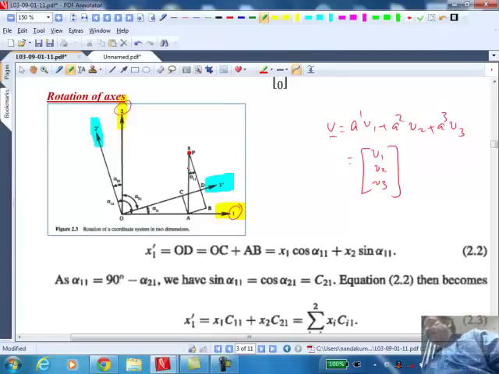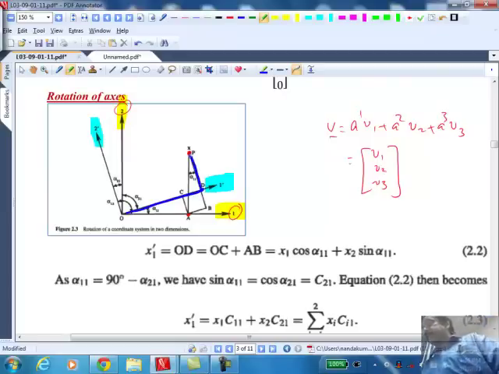I just need to tell you, go a distance of x1 in the first direction and go a distance of x2 in the second direction, and you reach that point. Then if I'm talking to you with a different coordinate system, 1 prime, 2 prime, I need to tell you a different set of numbers, x1 prime, x2 prime, so that you reach the same point. And that would be, go in this direction a certain distance, and then go in that direction. You will reach the same point.